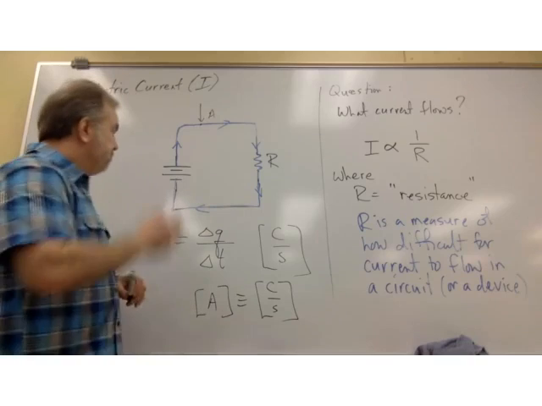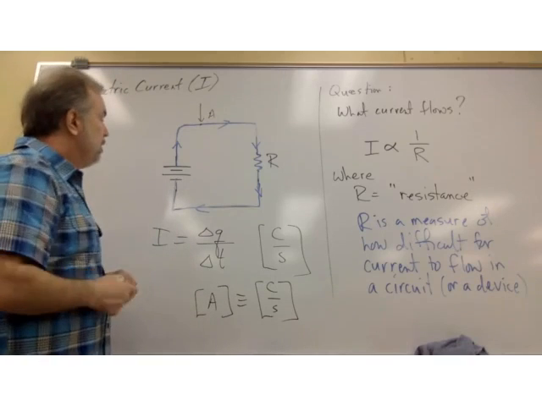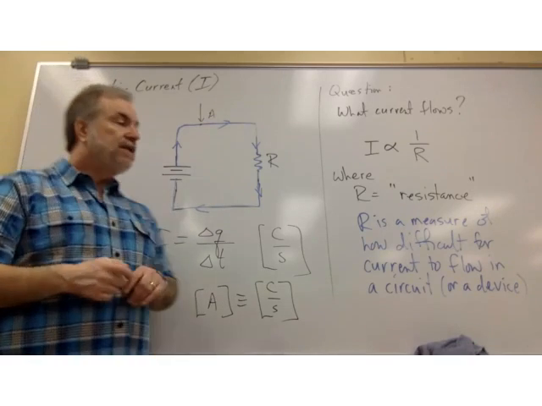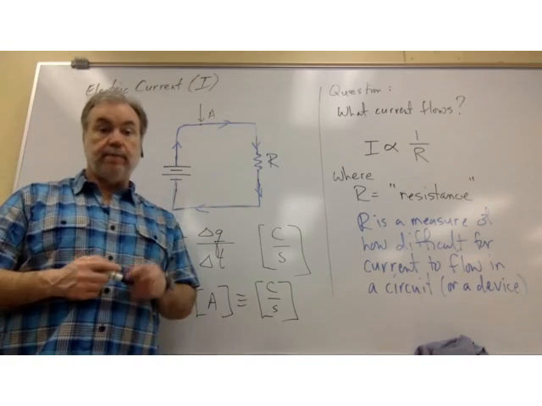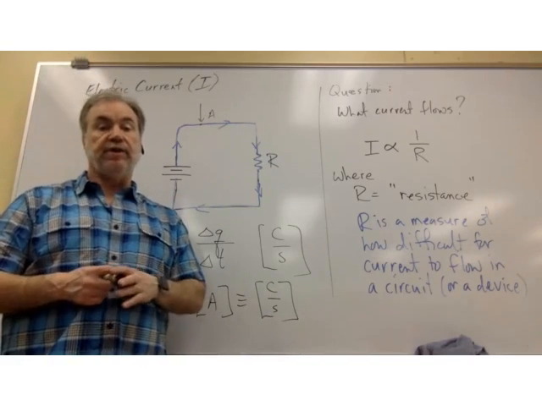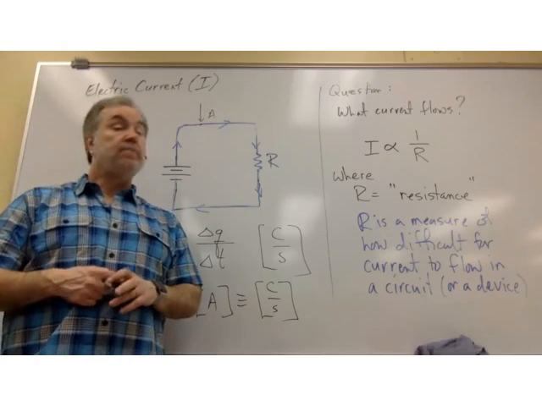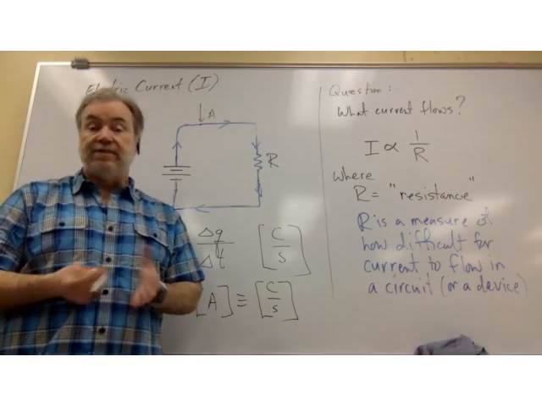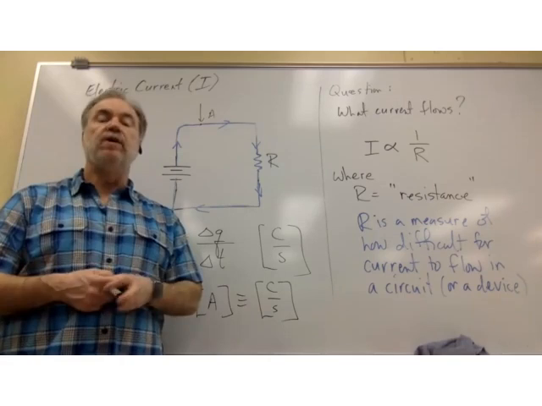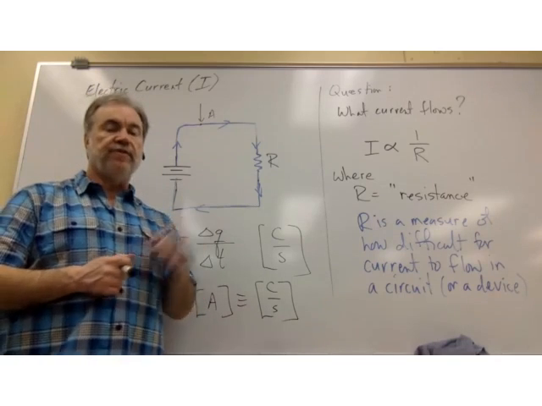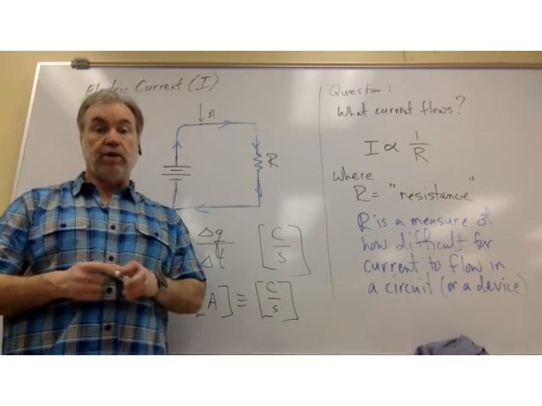But applying the analysis to the electricity you get out of your wall outlets is more complicated. Functionally it's the same, but it's more complicated to do. So let's not go there. Let's just think about it as a battery.